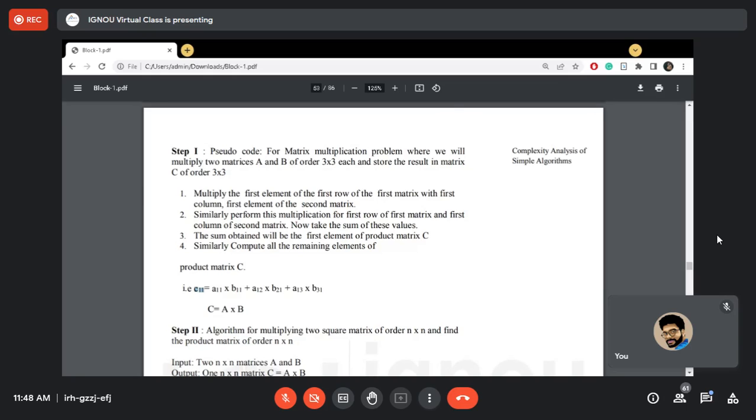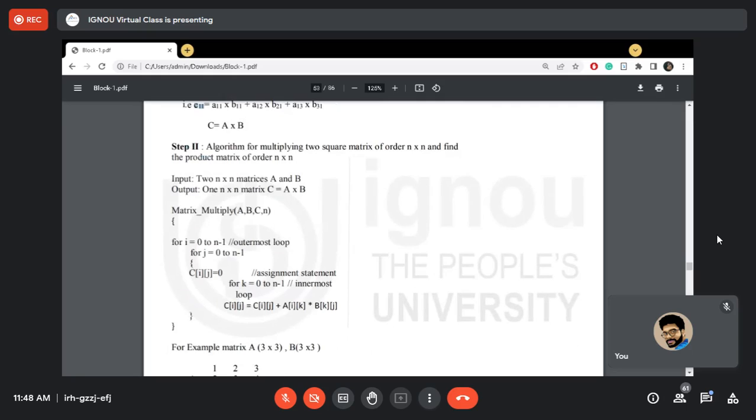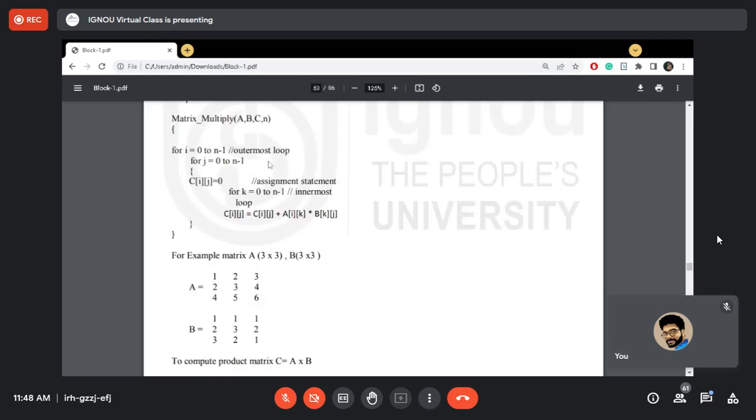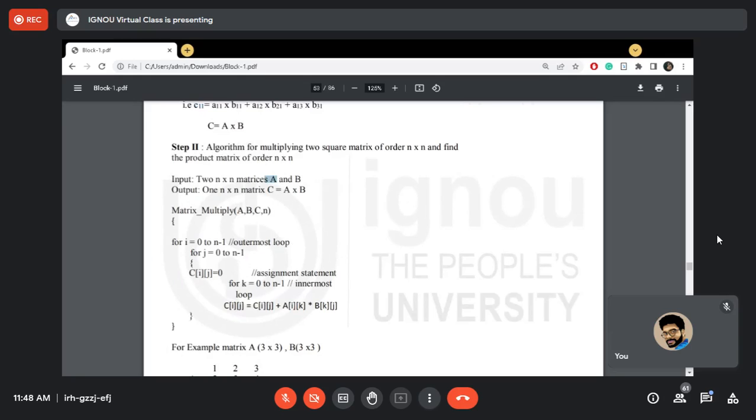Absolutely right. So this is the algorithm to multiply two square matrices of order n into n, where we have two matrices as input and one matrix as output, right? Here is the outer loop and here is the inner loop that will give the row and column.